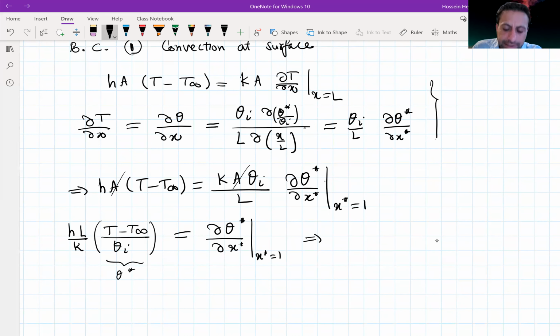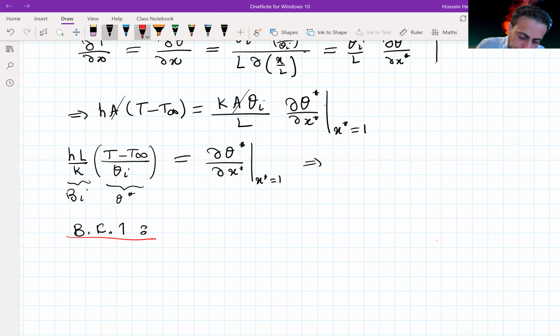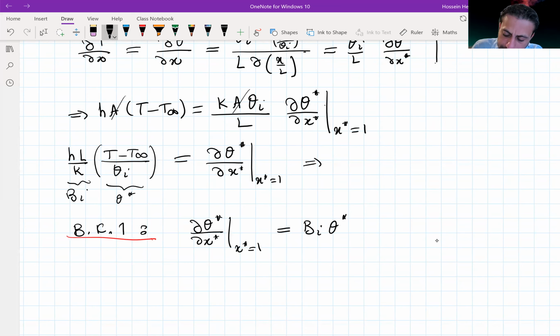And this is the definition of the Biot number. So what we would have here, in terms of boundary condition number 1, in the dimensionless form, would be d theta star over dx star at x star equal to 1 is going to be Bi theta star at x star equal to 1 and t star, or Fourier number.